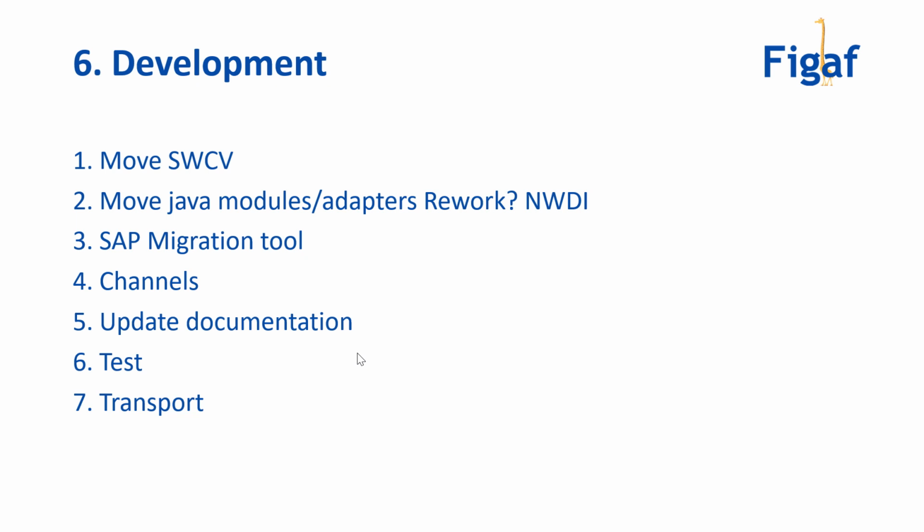I think you need to know a lot about your system landscape and already be on the single stack for that to make sense. Otherwise, if you have a lot of dual stack connections in your landscape, that's going to be pretty difficult to do. So I think the best would be to install a separate system, move all the software component versions you have, and figure out whether we actually have any Java modules that we need to move that are being used.